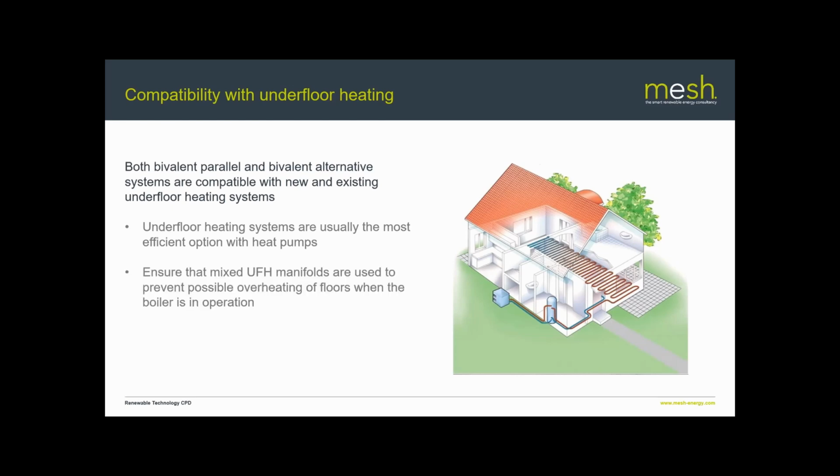The only caveat with a bivalent system is that potentially you're looking at higher flow temperatures in the heating system as a whole than might be needed with a monovalent system, and therefore it is probable you're going to need to use mixed manifolds just to help protect the floor finishes. So when you get higher flow temperatures coming through the system, you don't end up damaging the floor from overheating.